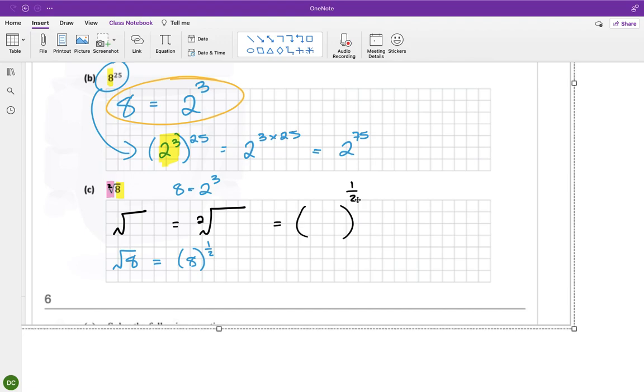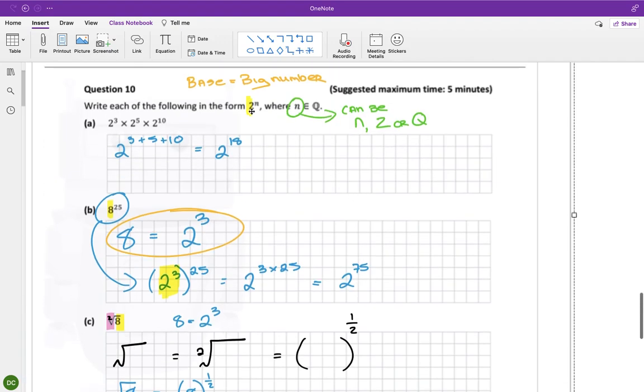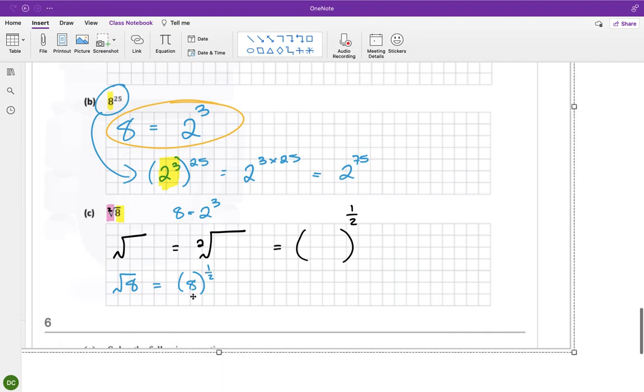But the question wants 2 as the base, not 8 as the base. So I'm going to change that 8 to a 2 cubed to the power of a half. So that's where I just changed the 8 to the 2 cubed, the half stayed. And then this law is the same as this law up here. So when you put a power inside and outside the bracket, you just multiply the powers.